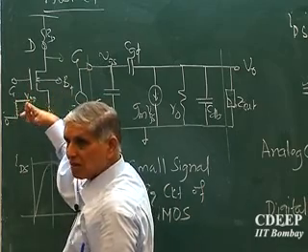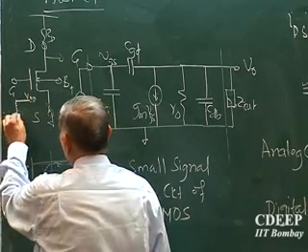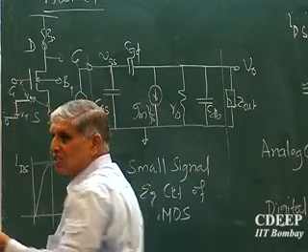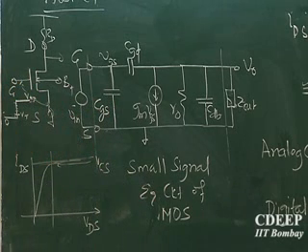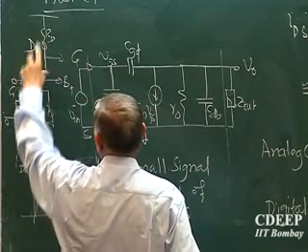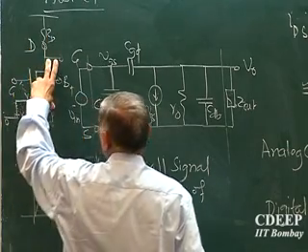In between, when you cross your VGS beyond VT, VGS minus VT is a very small quantity. You have just crossed VT by some amount, so VGS minus VT is very small. But since the device was fully off that time, what was the voltage here when this device was off? No current, full VDD.